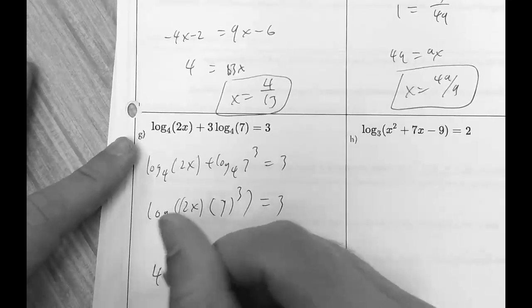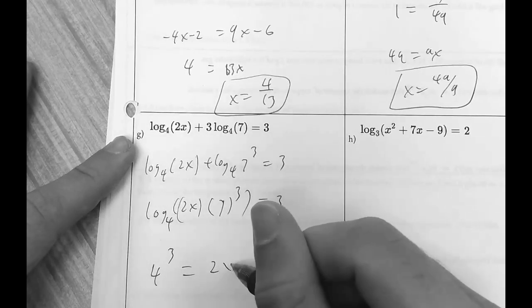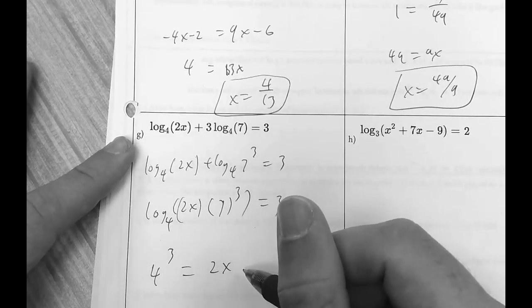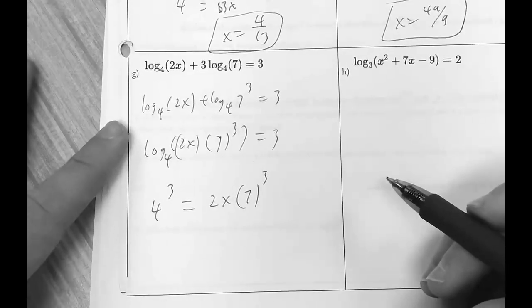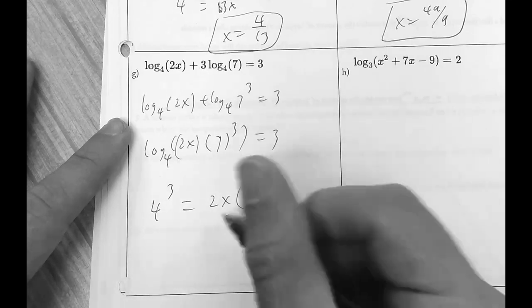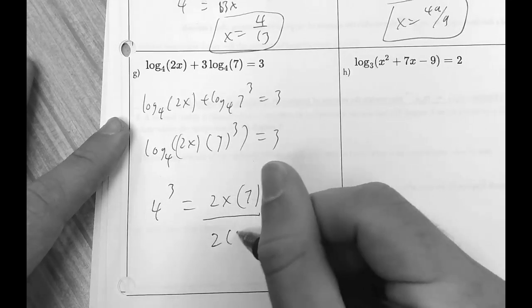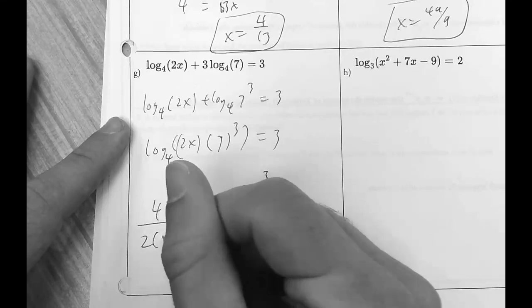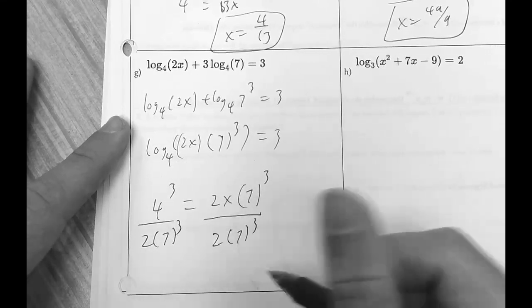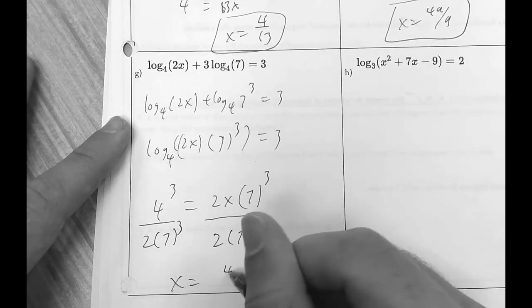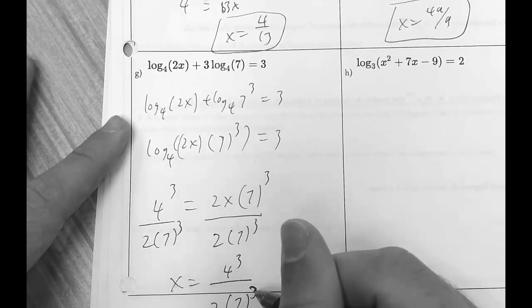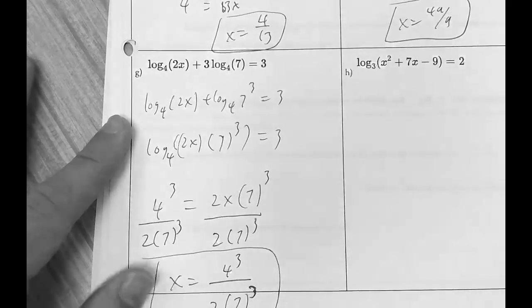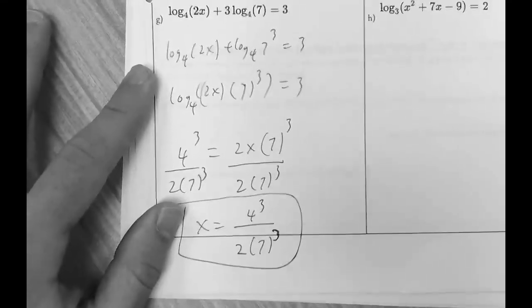Then we'll have 4 to the third equals 2x times 7 to the third. And so then we will divide both sides by 2 times 7 to the third. So our answer is x equals 4 to the third over 2 times 7 to the third. Okay? There we go.